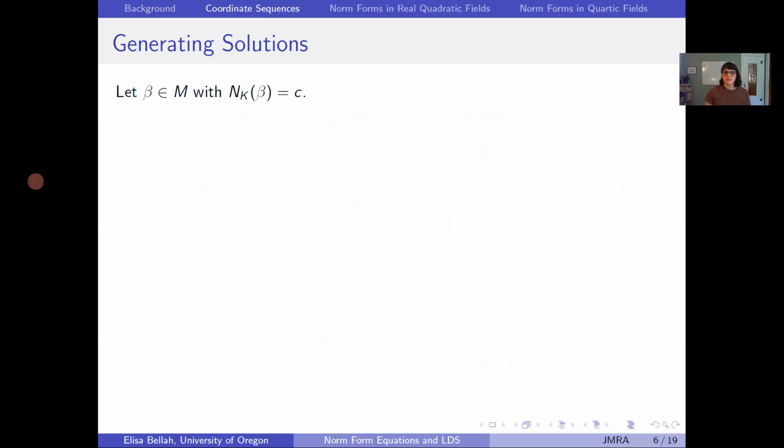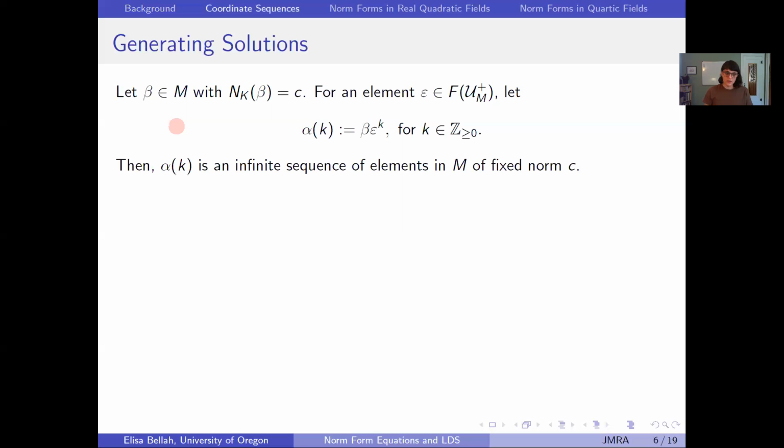If you have some fixed element in your module with the norm that you want, and you take an element in the free part of the positive unit group, then I'll let alpha k be this sequence of elements, beta times epsilon to the k. This gives you an infinite sequence of elements in your module of fixed norm C. This follows by choice of epsilon being in the free part of the positive unit group.